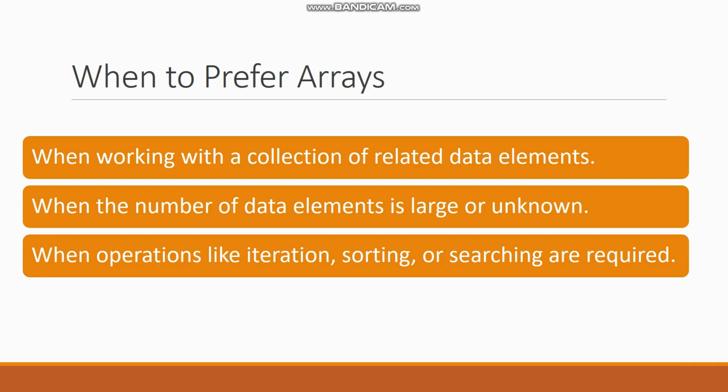When we are working with a collection of related data elements, or when the number of data elements is large or unknown, or when we want to perform operations like iteration, sorting or searching, at that time we can prefer arrays. So this is more than enough to understand about arrays right now.